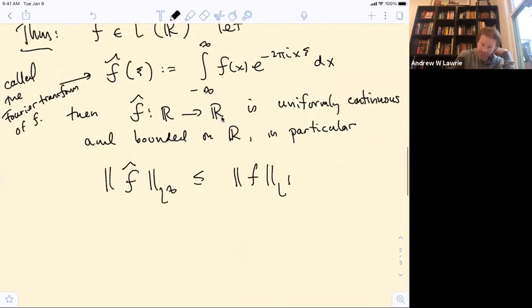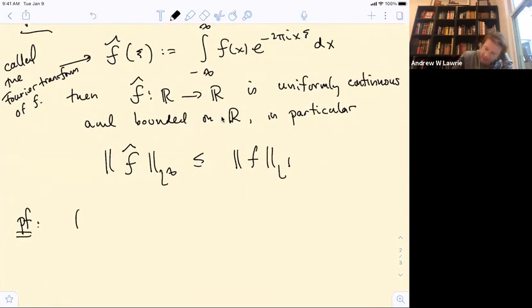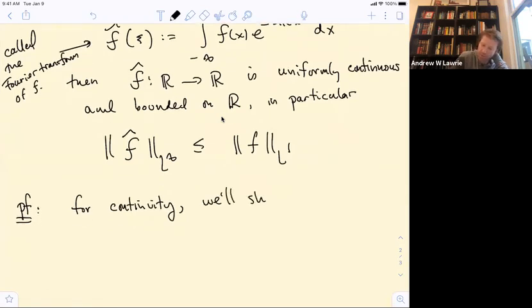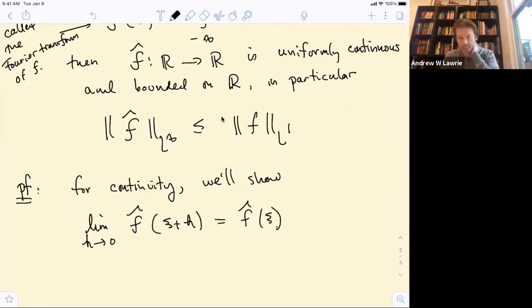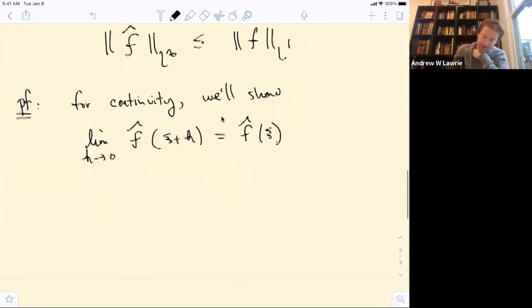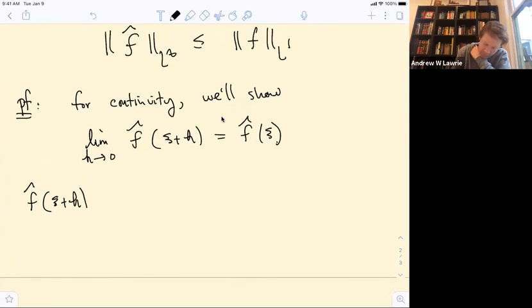Okay, let's prove this theorem. So for continuity, we'll show that the limit as h goes to 0 of f hat of c plus h is equal to f hat of c. So let's just compute. Let's take this difference.